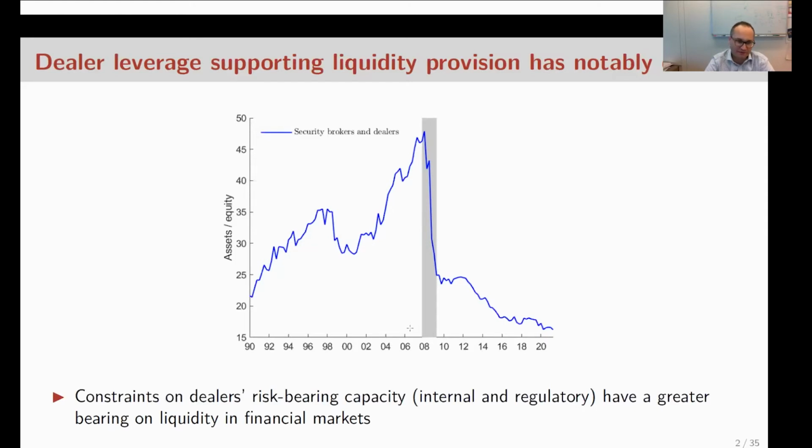Some of them are non-banks. But I think it's fair to say that constraints on dealers' risk-bearing capacity, both from an internal perspective due to risk limits and risk constraints, but also due to the re-regulation of the banking system, now have a much more important impact on the general liquidity in financial markets.